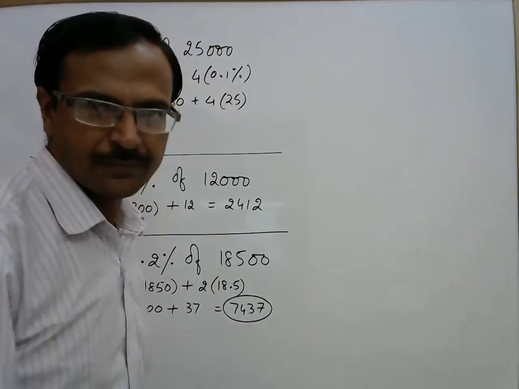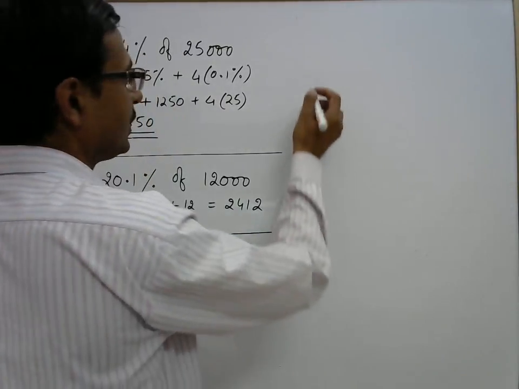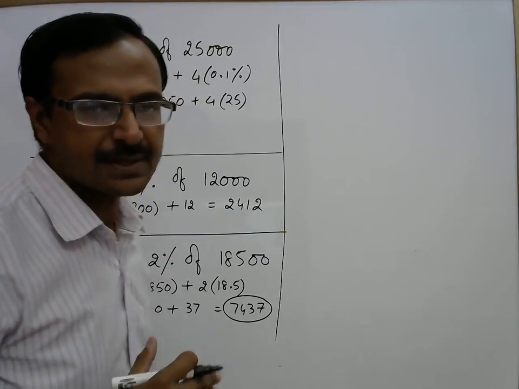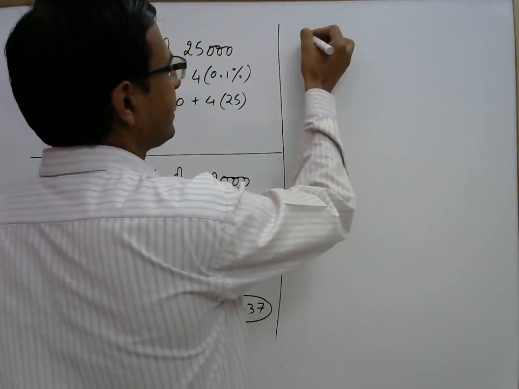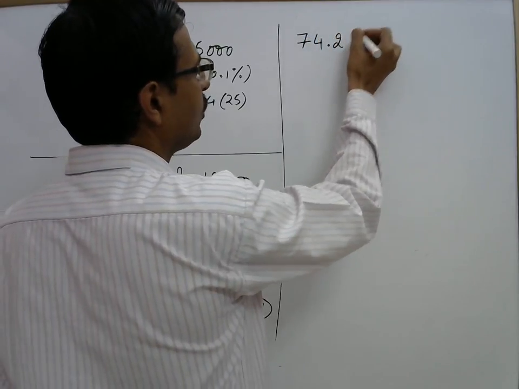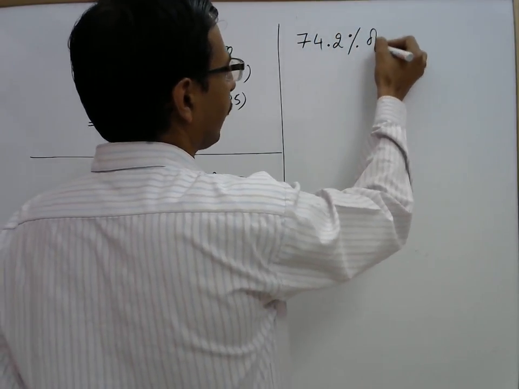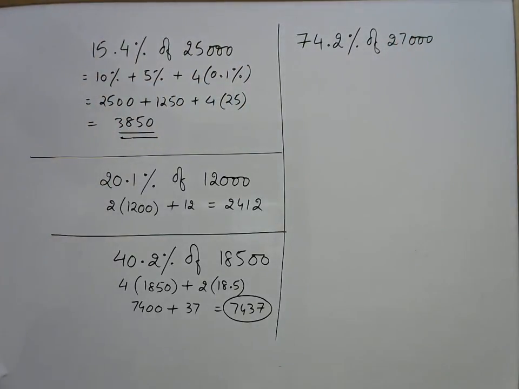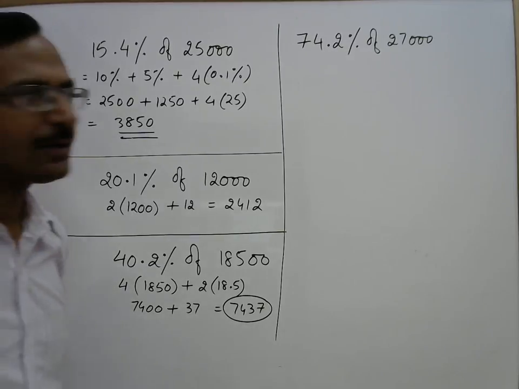So let's have some more. Okay. Now little bit higher percentages. Suppose we have 74.2% of 27,000. 74.2% of 27,000. Just break it.